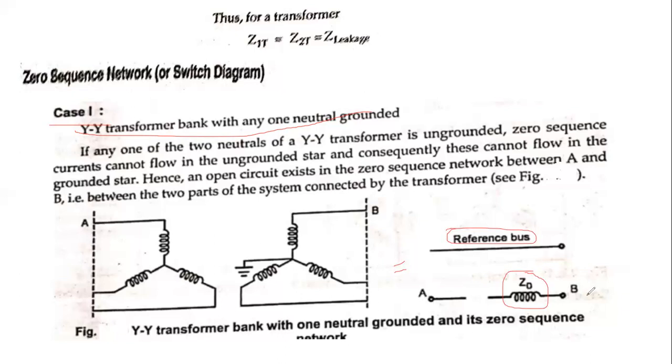This is A and this is B. This is open circuited with one neutral grounded. This is the star transformer bank with any one neutral grounded. This is the equivalent zero sequence reactance diagram for the transformer with star connection and one neutral grounding.